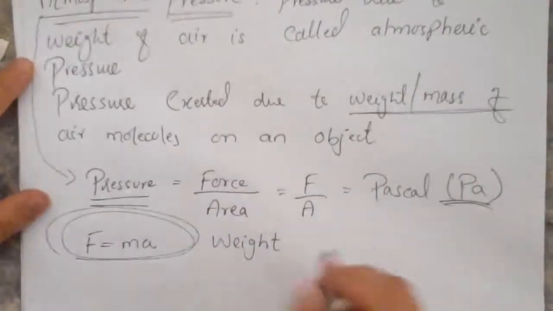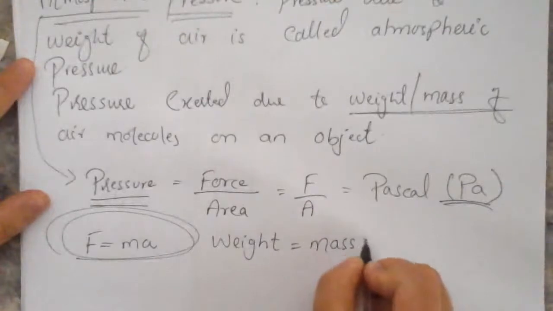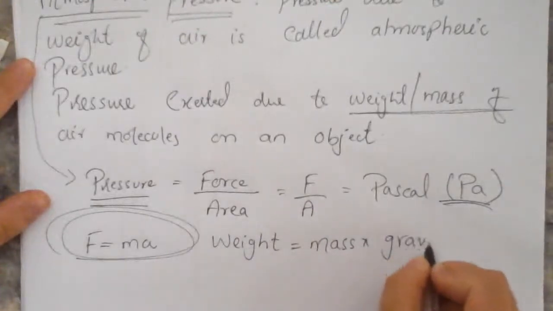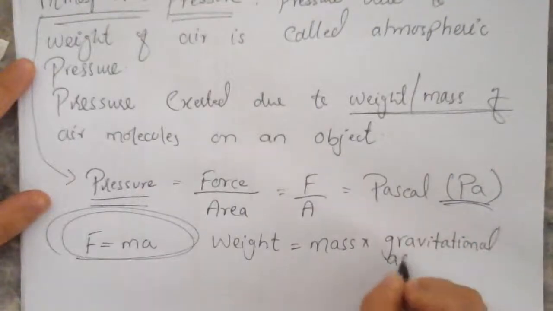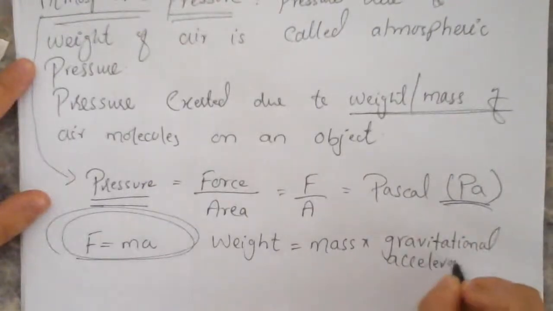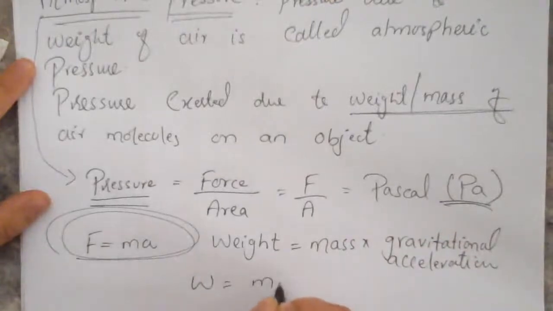We know the weight formula is mass multiplied by gravitational acceleration. Is that right? So weight is equal to mg.